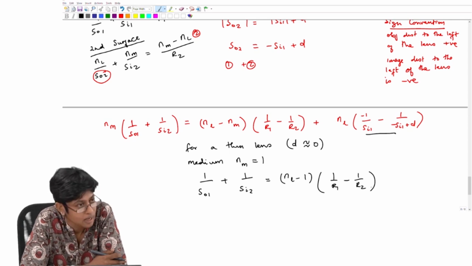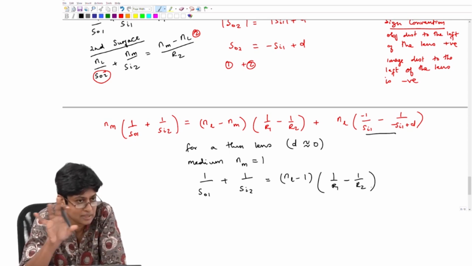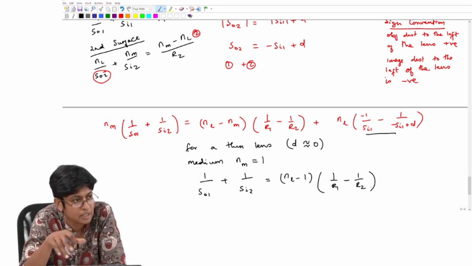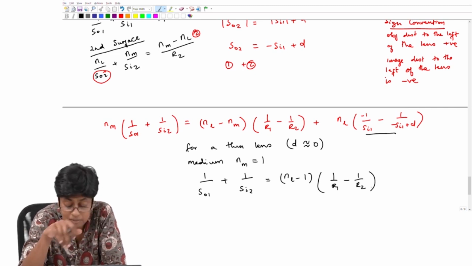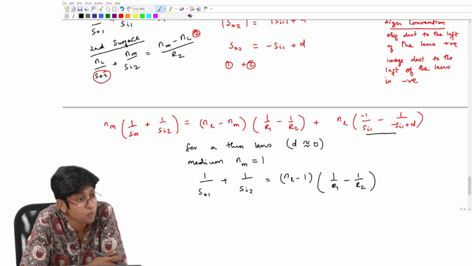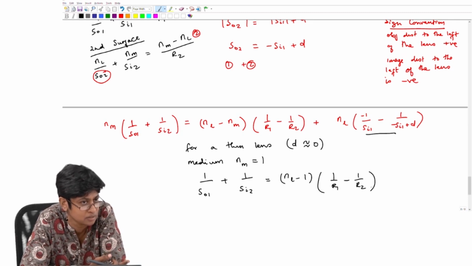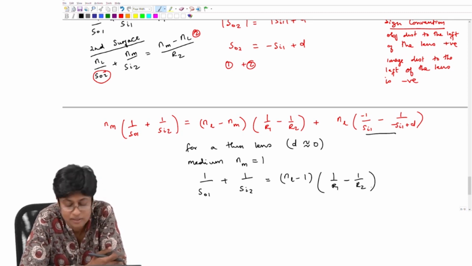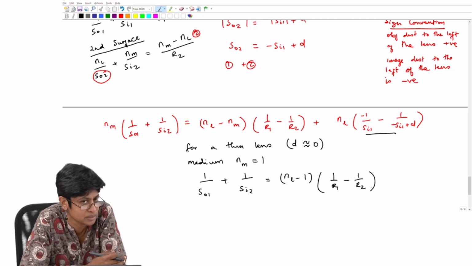And the medium surrounding this lens is air, so I am not bothered about its refractive index, and the medium of the lens is NL, that appears in the equation. Both the radii of curvature appear in the equation. It's not very different from the equation we got for the interface, where the power was a function of the radius of curvature. Here it's a function of both the radii of curvature.